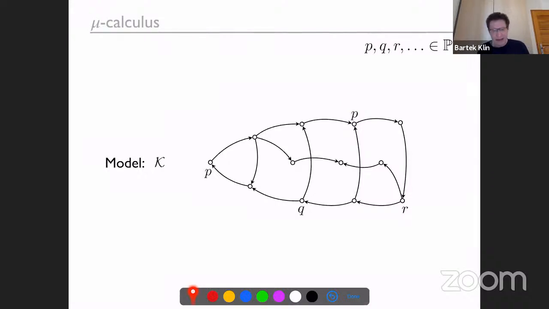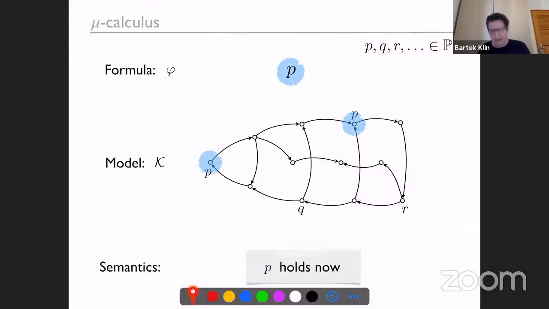So, for example, I will give you the syntax of the μ-Calculus by example. An example is a formula that says just P, and it means that P holds now. So the semantics of this formula is a subset of states in my model, and it will be the set of those states which are labeled with the basic property P. A state may be labeled with more than one property, so it can satisfy more than one such basic formula.